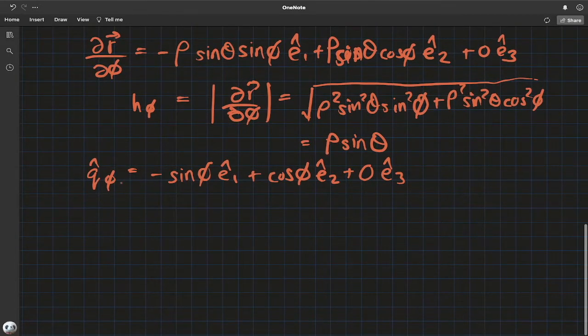Okay, now convert all of our results into a matrix.